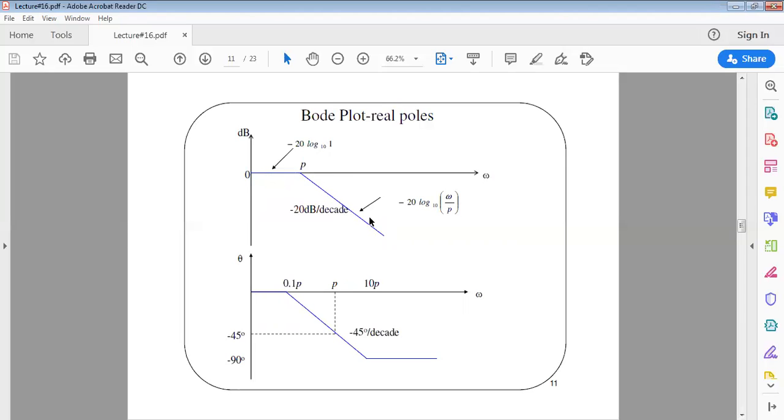This is a typical plot for the case of a real pole, where the corner frequency is located at the pole value.